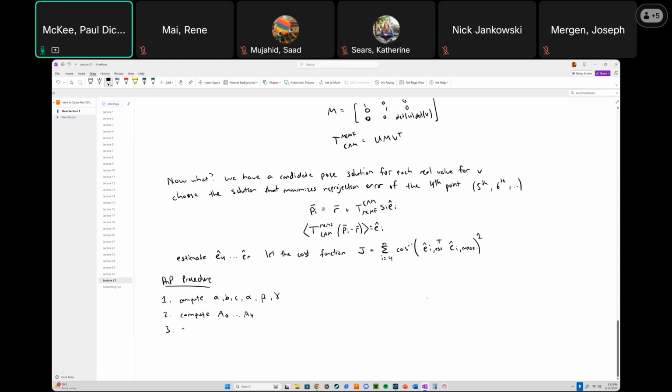For 3, solve the polynomial for all real values of V. And then step 4, for each candidate V, step 4a, compute U, then S1, S2, S3.